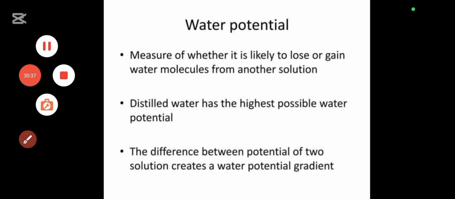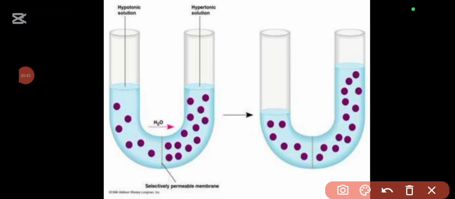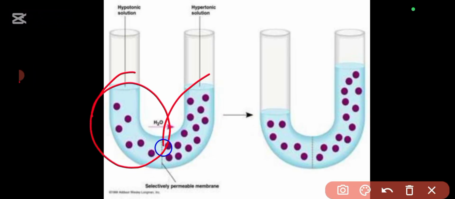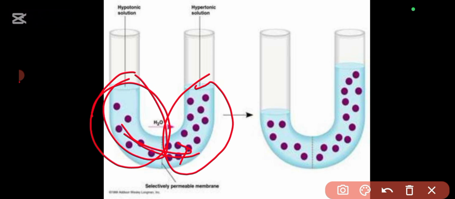So what that means is that this part of the membrane has high water potential, this one has low water potential. So it has high water potential, it's going to lose water to this side. This one has low water potential, so it's taking more water to its side.